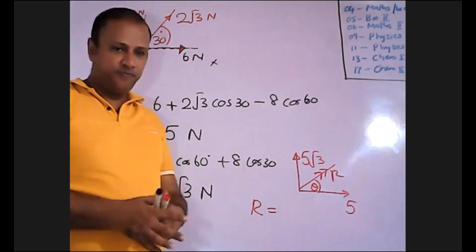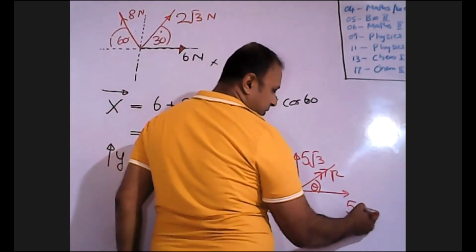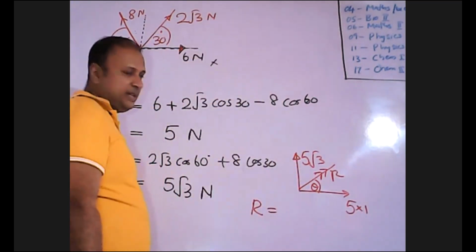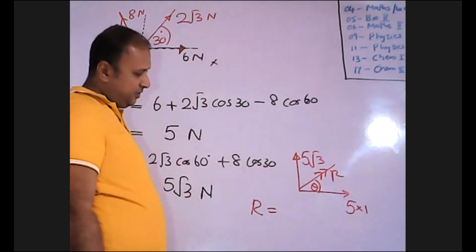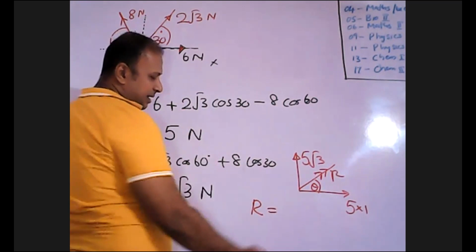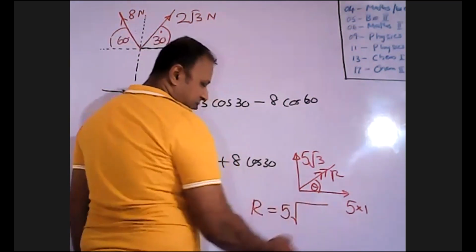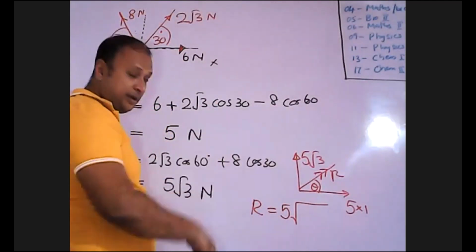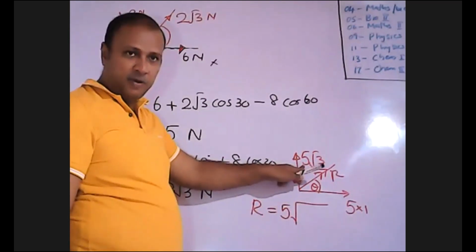Here there is 5 into 1 and 5 into root 3, so I can take 5 as a common factor.